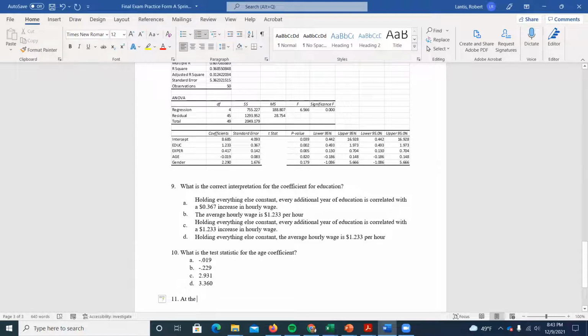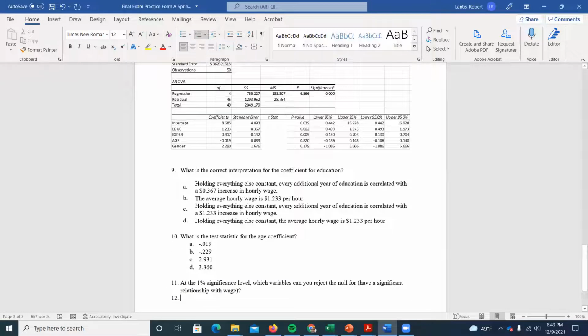At the 1% significance level, which variables can you reject the null for, or maybe said differently, have a significant relationship with wage? Okay.